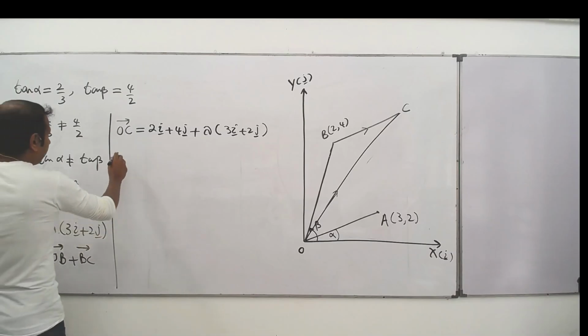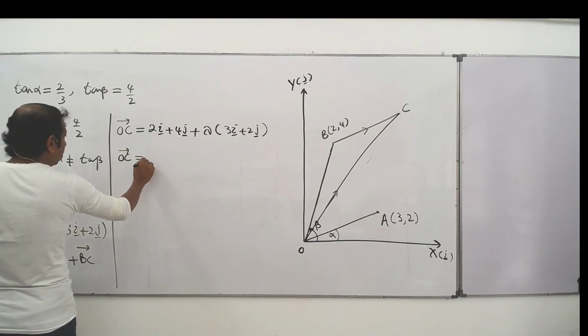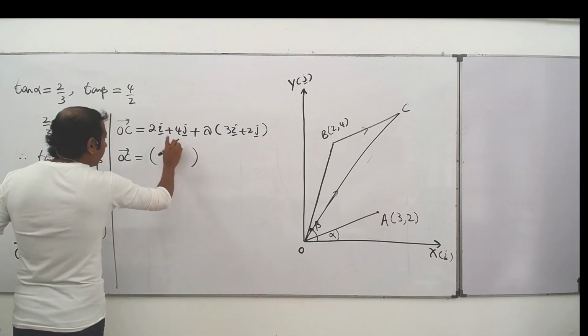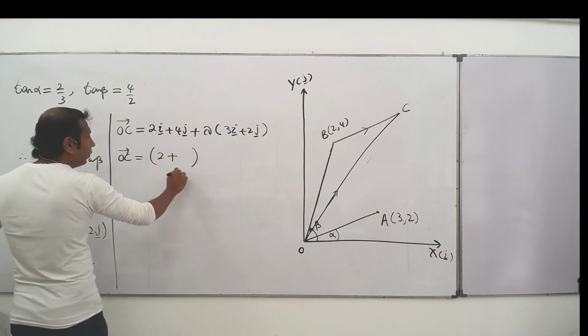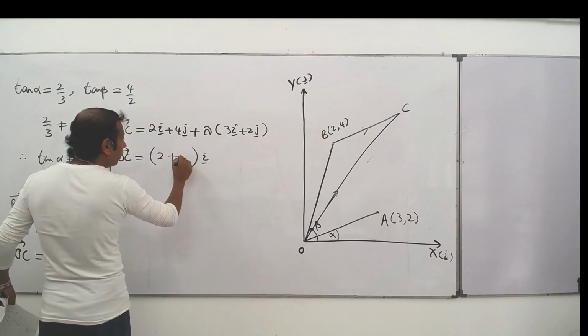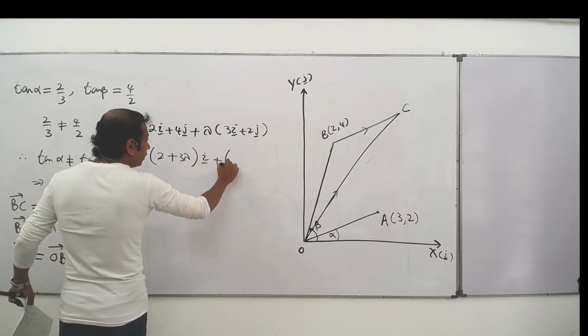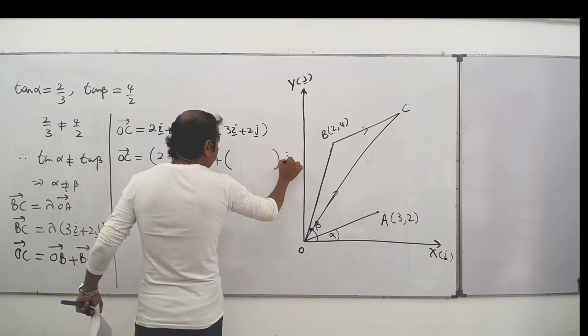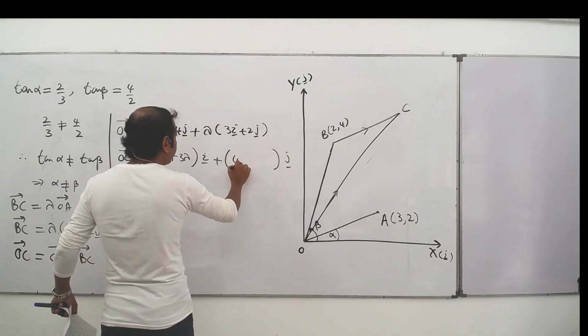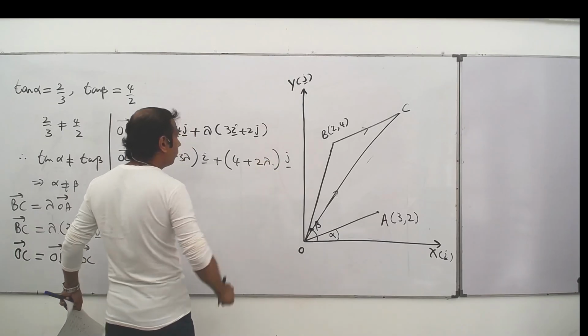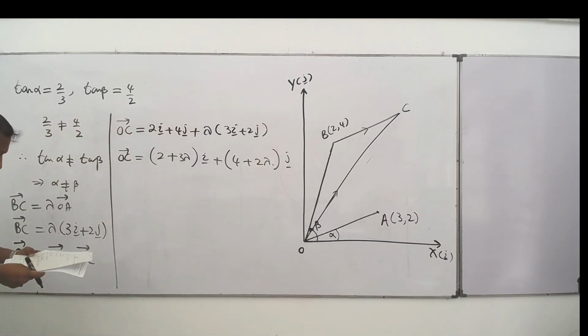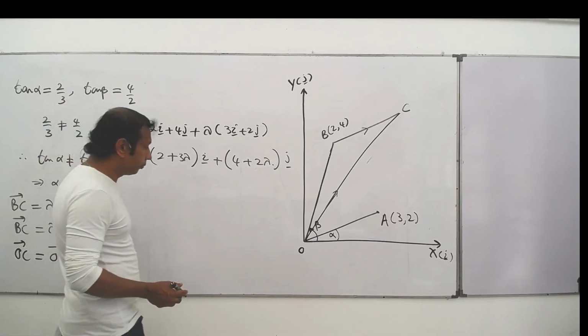Then OC vector we can write furthermore like this, taking i terms together. Here 2, keep i outside, and here 3 lambda. J terms, here 4 plus 2 lambda is the OC vector. Now we are given BOC is pi by 2.